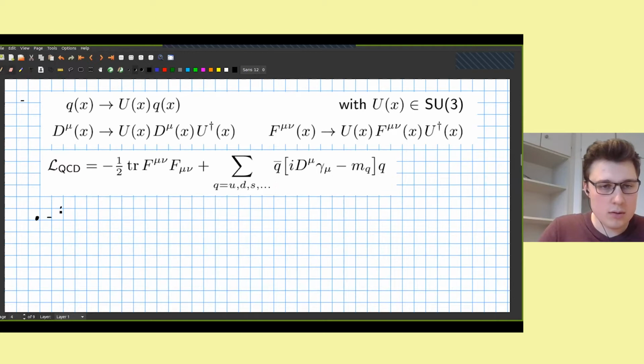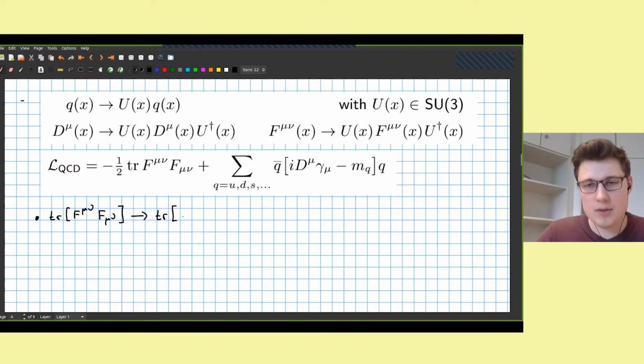This is minus 1/2. Let's skip that for now. Of course, minus 1/2 does not change under SU(3) transformation. So the only thing that is important here is the trace of F_μν. Okay, so let's see how this transforms. Well, this first step is simply inserting the relation here above. And I'm also skipping the x arguments. They're also not important in this context.